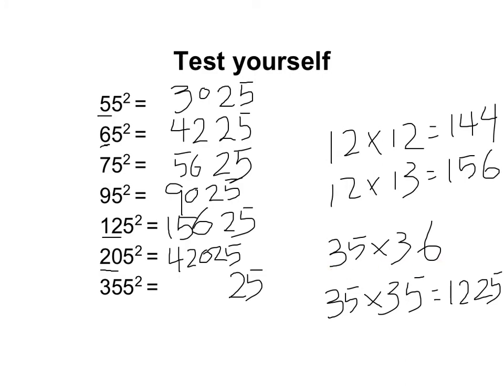So we need another set of 35 to add on top of 1225. So add 35 to that. And we will get 1260. So this is our answer. 126025 is the square of 355. If you don't believe that, you can pause the video and then pull out a calculator to verify all these.